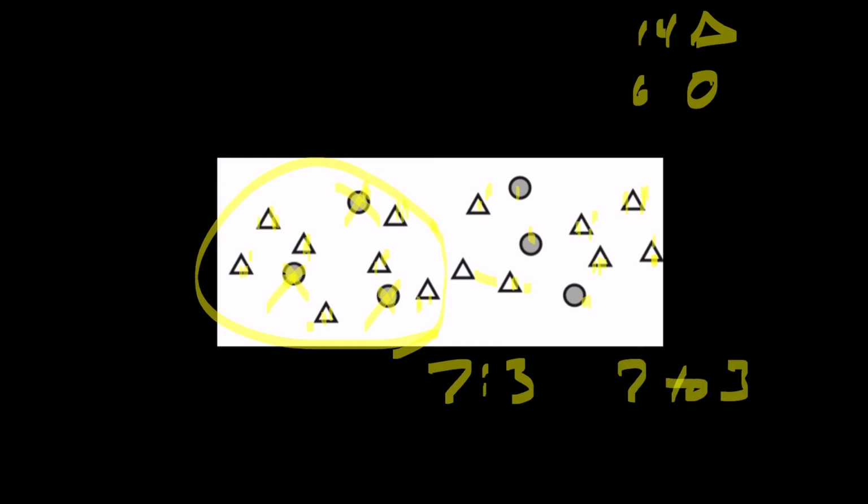Now let's have a look at this random set of circles and triangles. There are 4 triangles here for every 3 circles. So that is what is already divided up. Does this set have more than 4 for every 3 circles or less? Absolutely, it has more, right? I'm hoping you saw that there are some outliers there.